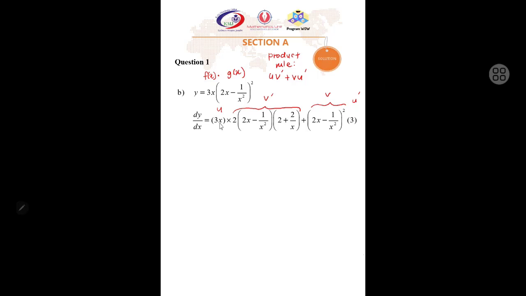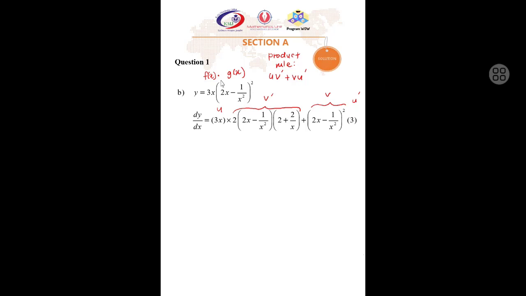So u, 3x, multiplied with v prime, so you need to differentiate v. This is our v, g(x). So v prime is a function with a power on the outside. How do you differentiate a function that has a power?